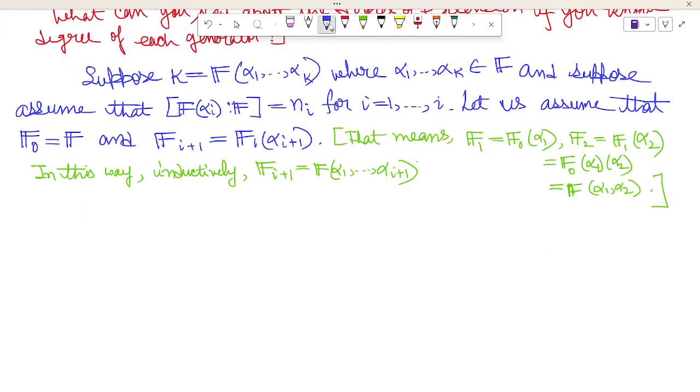So consider the tower. What is the tower? It is called a tower, okay? Sometimes they call it a tower of field extensions.